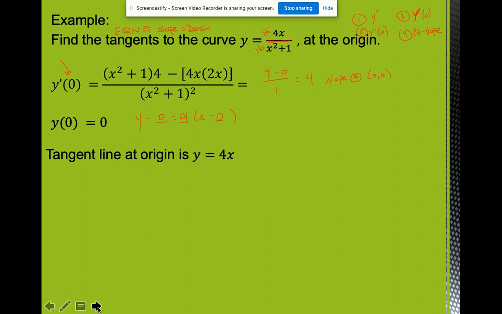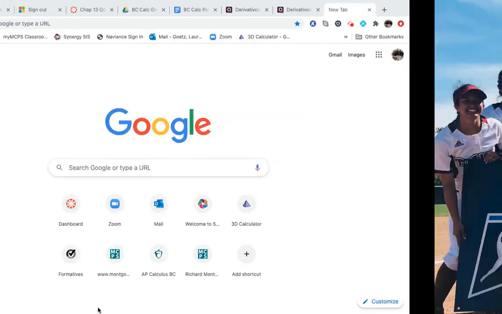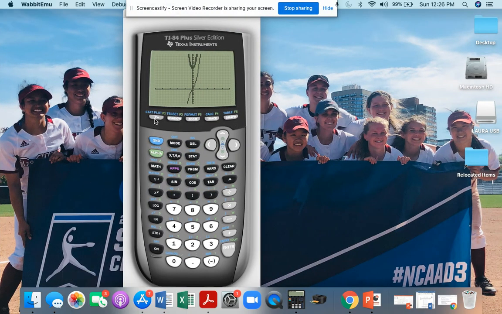Crazy. Let's look at our calculator. Let's put in 4x divided by x squared plus 1. Note that the denominator will never equal 0, right?